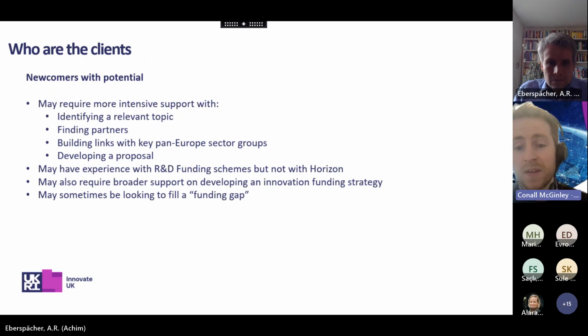They may have participated in one project or proposal in the past or none, and therefore they require more intensive support in terms of scoping the topic itself, understanding the key requirements of the topic, and mapping how their capabilities can map to those topic requirements as well.